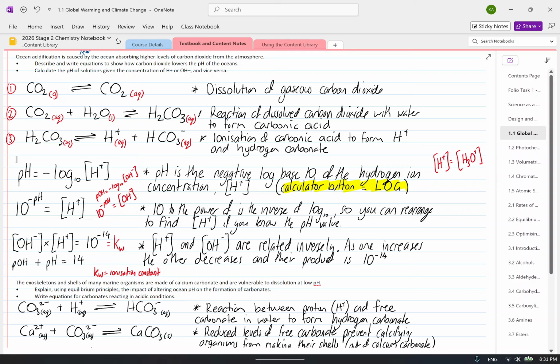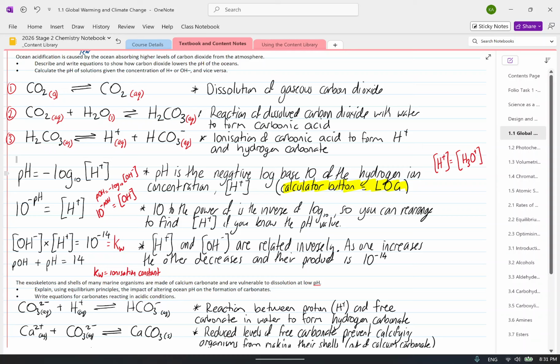You can do logs of some other base, but those will be different buttons. There's even an LN button, which is similar, but instead of log base 10, it's log base E. Regardless, if you need to find the pH and you have the H+ concentration, you can do it using this equation.